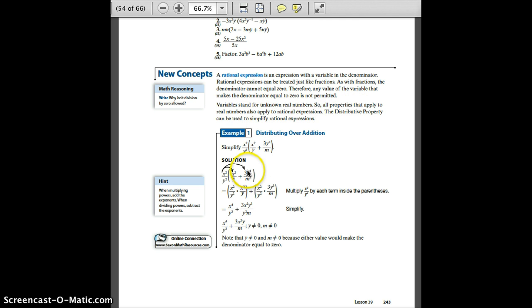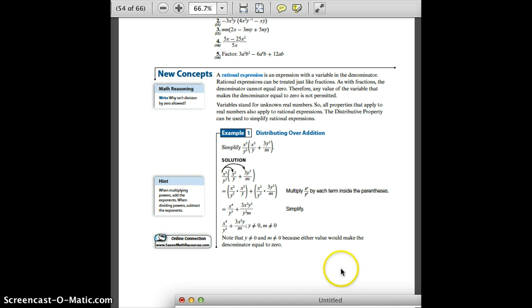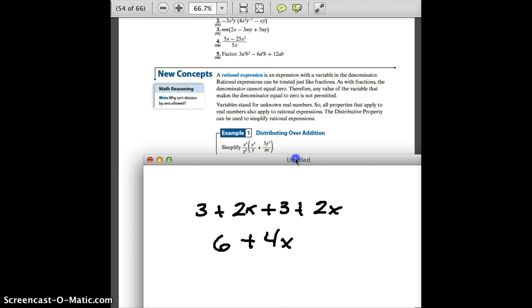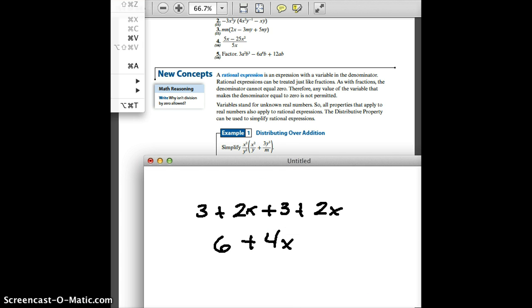Okay, so let's take a look at the first one, and maybe we'll see something that will show what they're talking about here. Simplify x squared over y squared times this. I think it's going to be easier if you see me do it rather than talk through what they have.